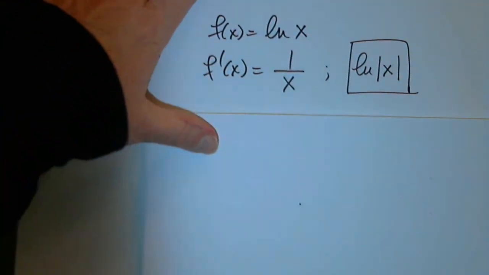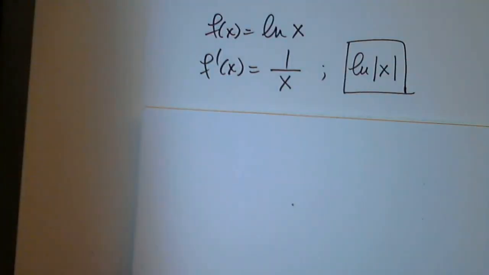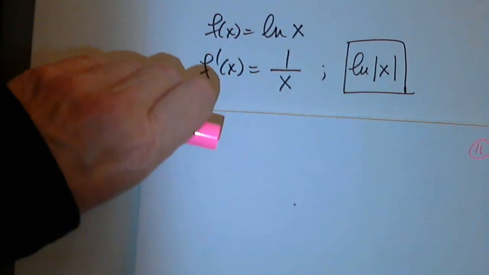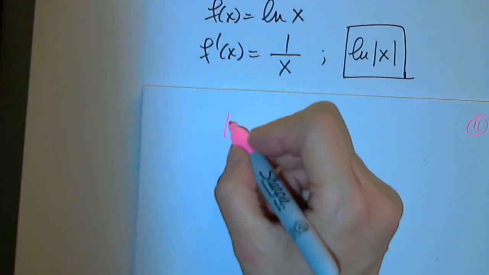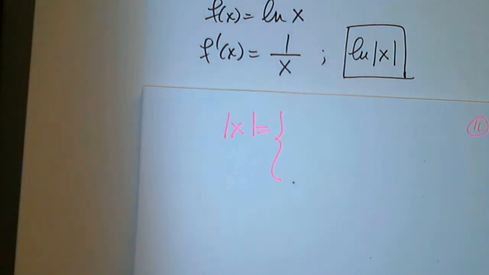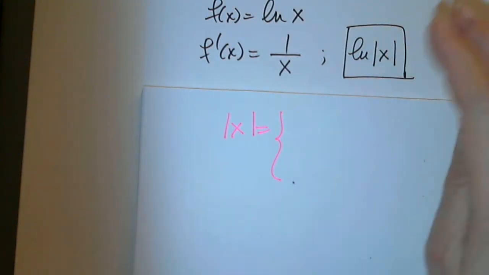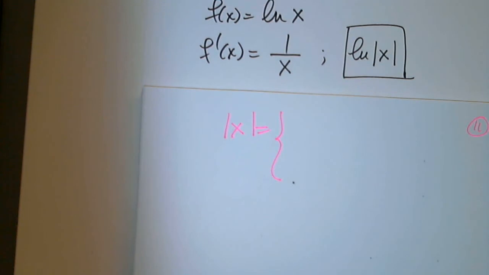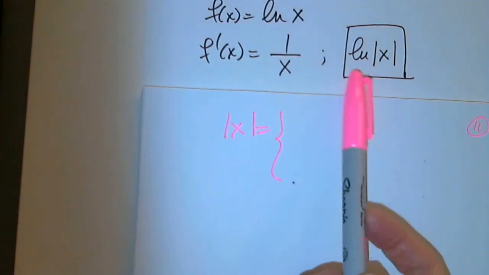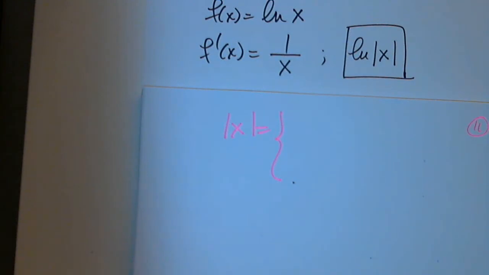So can anyone tell us how to simplify this function before we talk about it, and you will see later why I need this. So we have to talk about the absolute value first. And we know that absolute value has two options. Because the absolute value has two options, natural log of the absolute value would have two options. And therefore, you see what happens with the derivative of natural log of the absolute value.